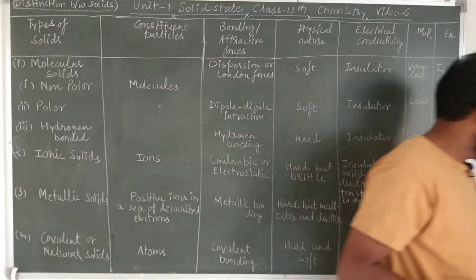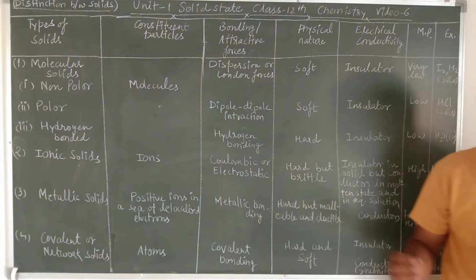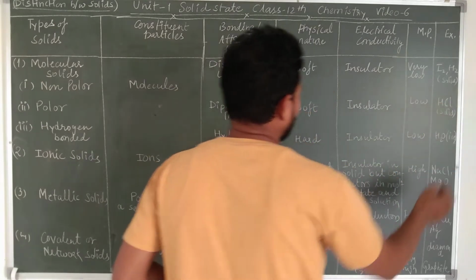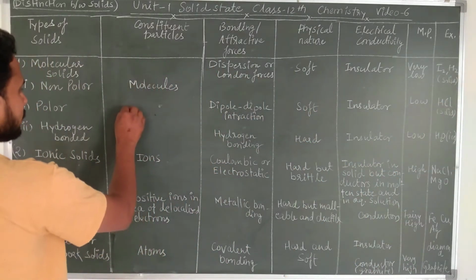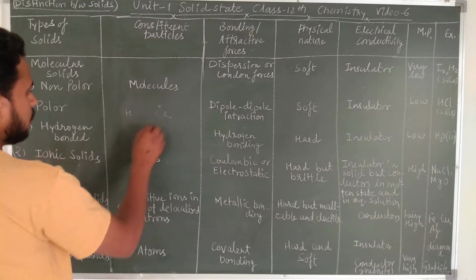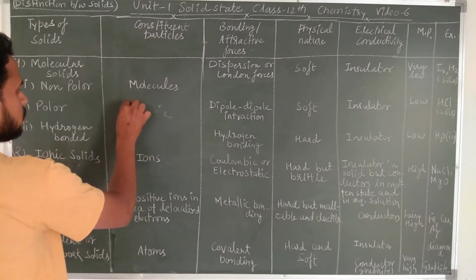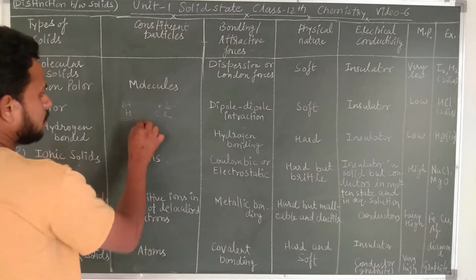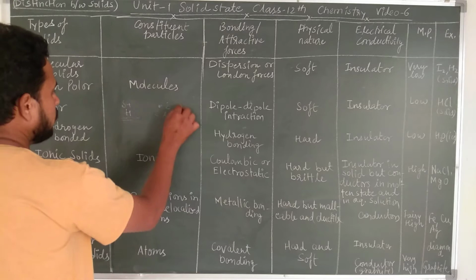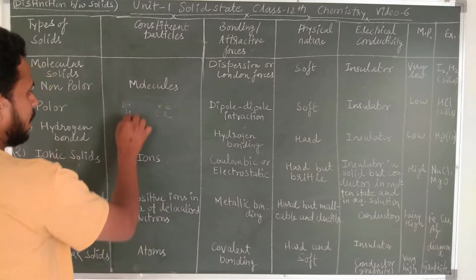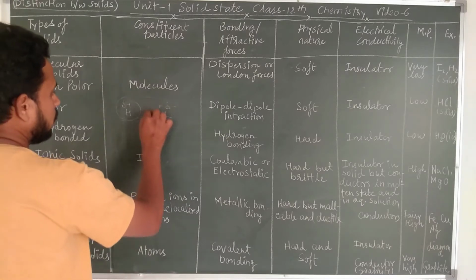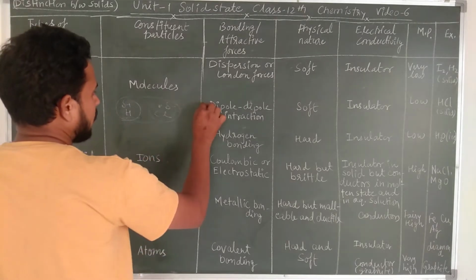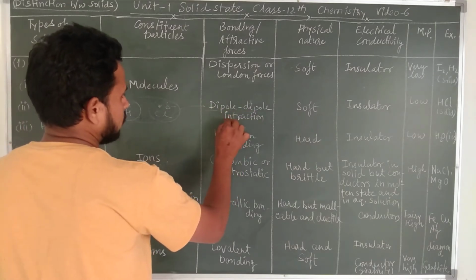Dipole means, if we take the example of HCl, H is partially positive and Cl is partially negative. So in this case a dipole is formed. In this situation, the force of attraction is dipole interaction.